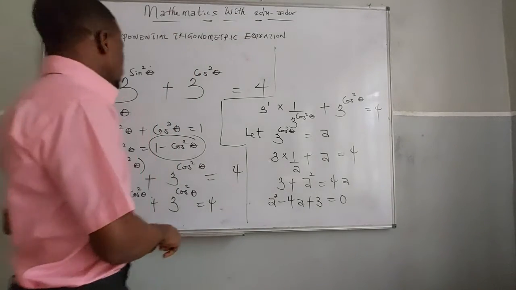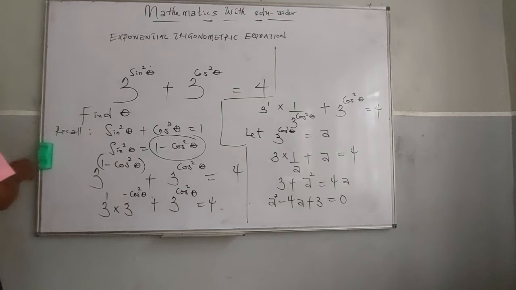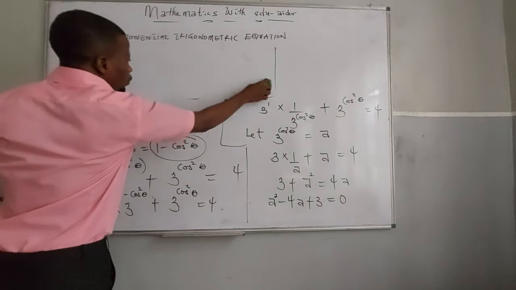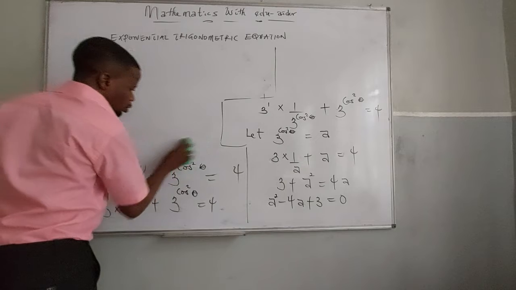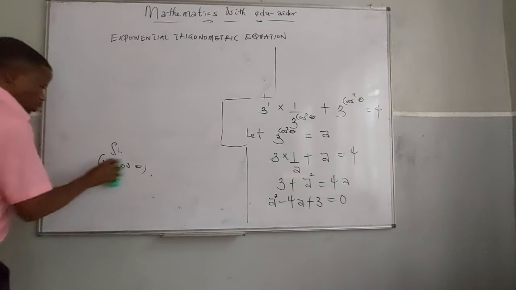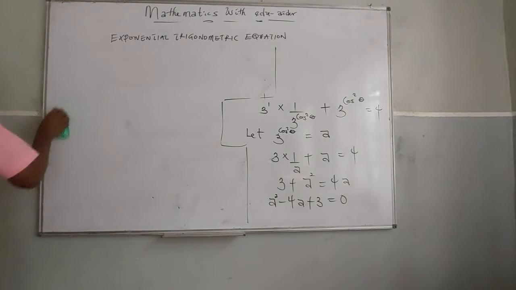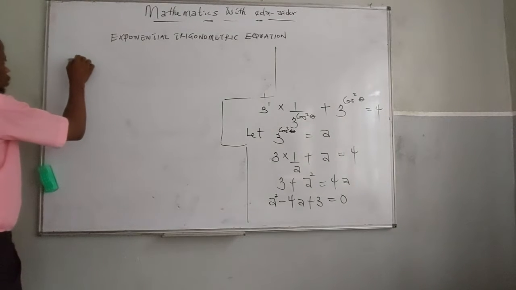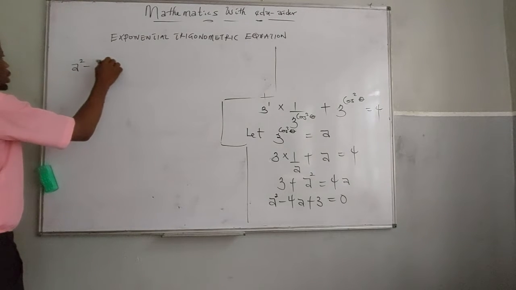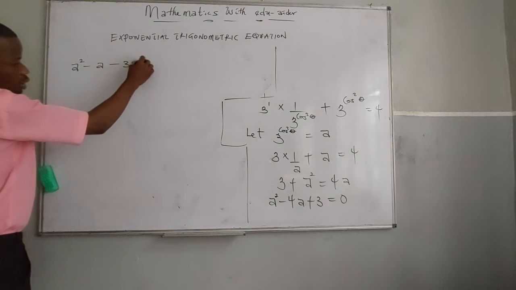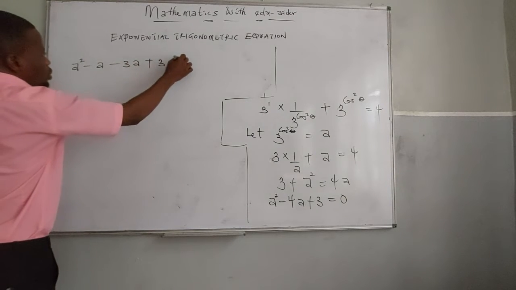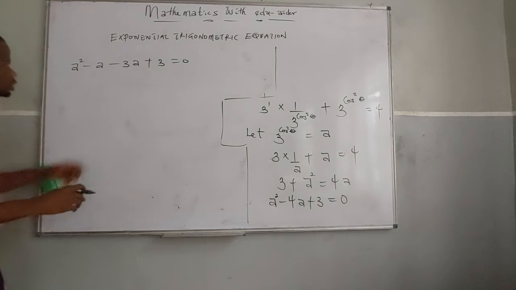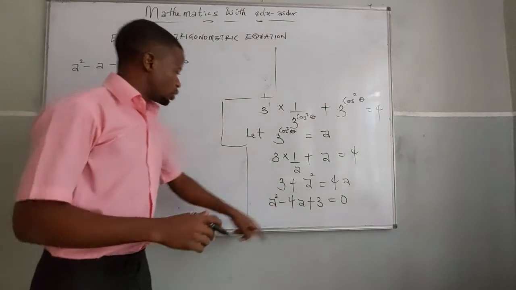So if we factorize, we're going to have a squared minus a minus 3a plus 3 is equal to 0. So see this? This and this give us this.